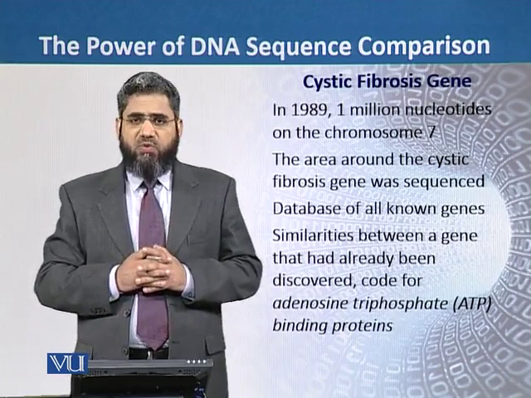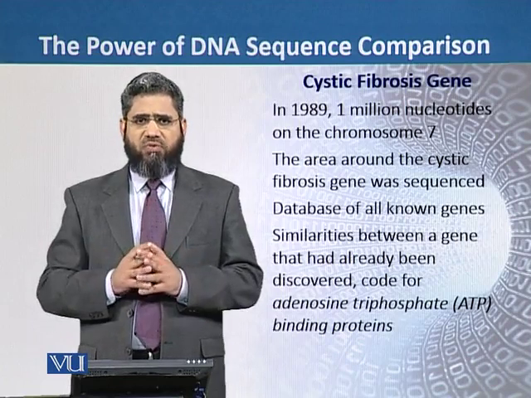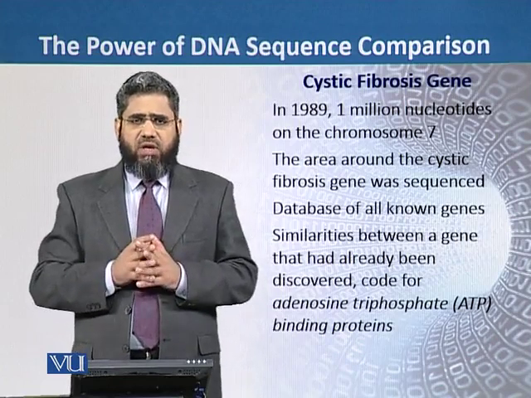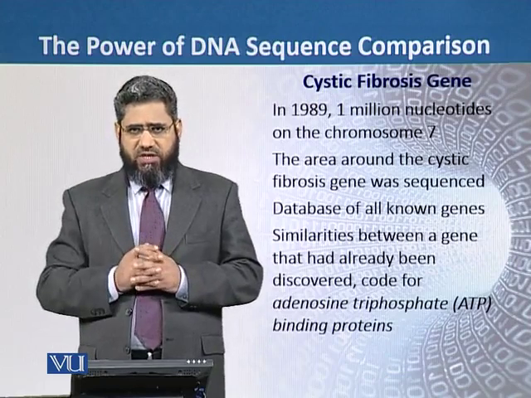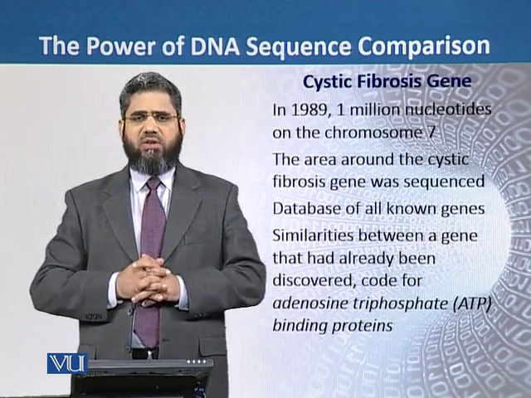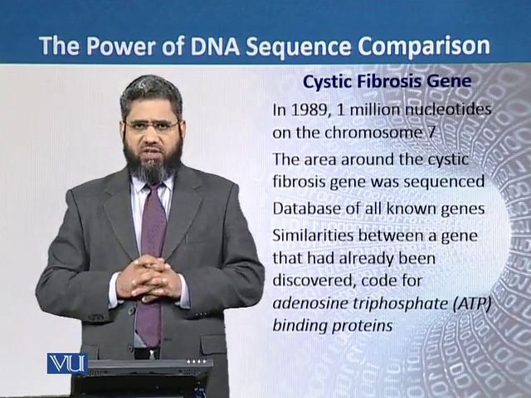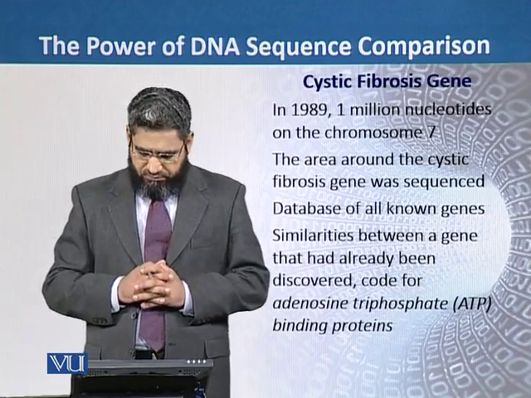The strategy was sequence comparison of the 1 million nucleotides in which the cystic fibrosis gene was suspected to be present, and the sequence of these nucleotides was compared with the already known genes at that time.